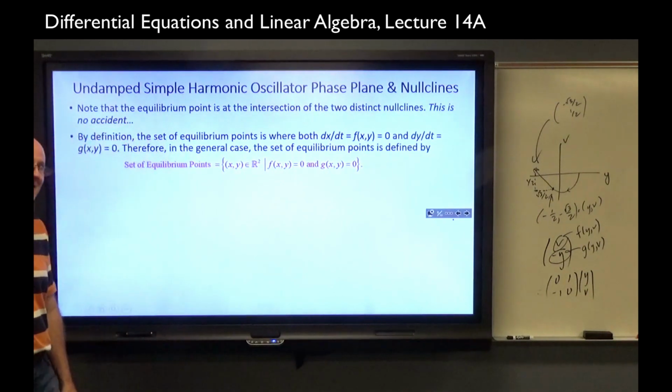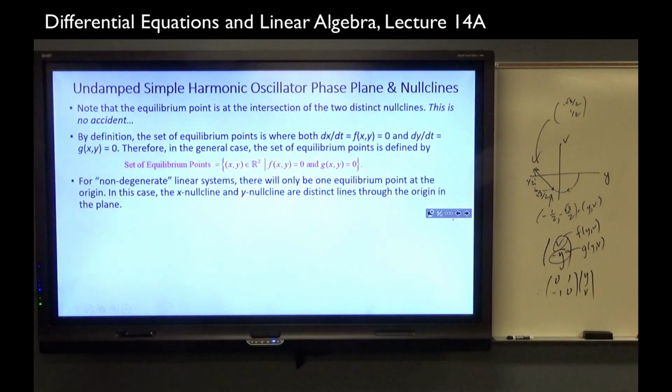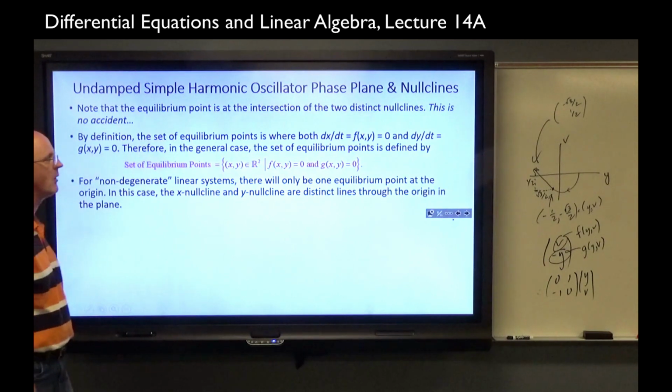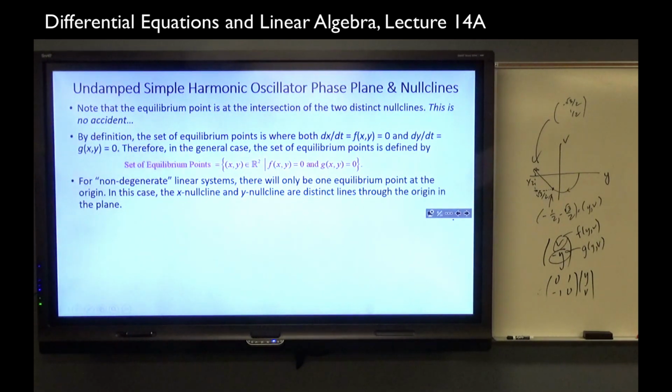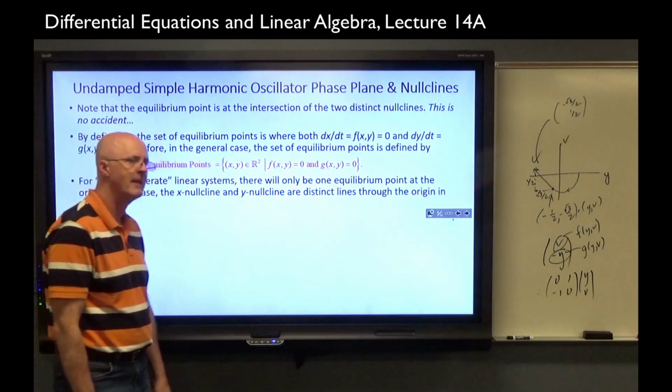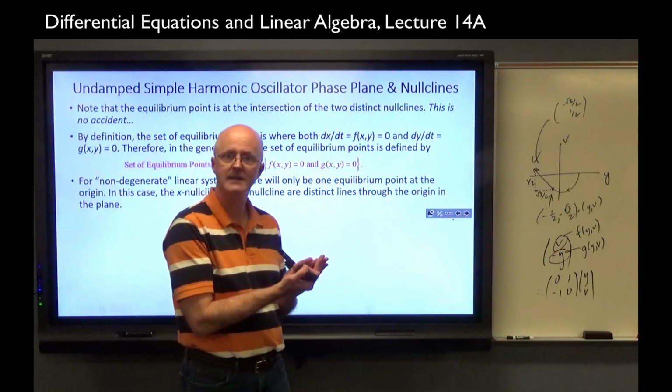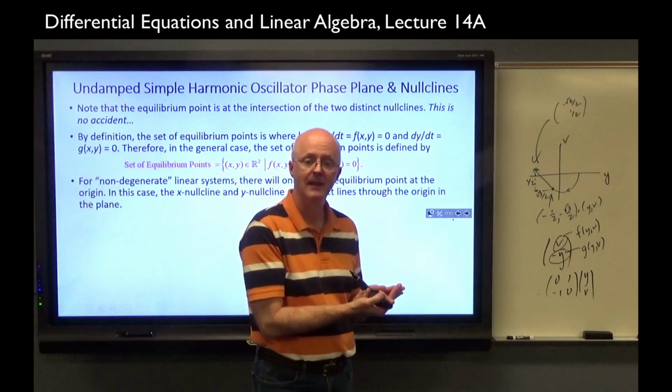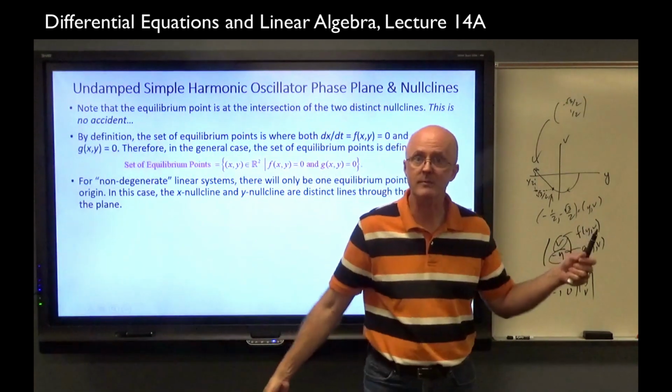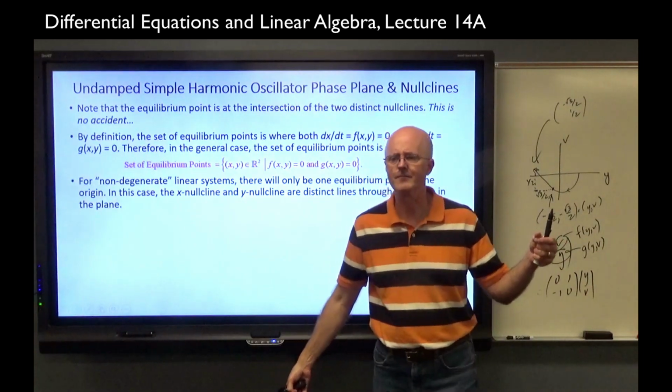Then you get the entire plane to be equilibrium points. Yeah, for non-degenerate linear systems, which is most of them, there will be only one equilibrium point at the origin. In this case, the x nullcline and the y nullcline are distinct lines through the origin in the plane. If the x and y nullclines were the same line through the origin, then that same line would be the set of all the equilibrium points.